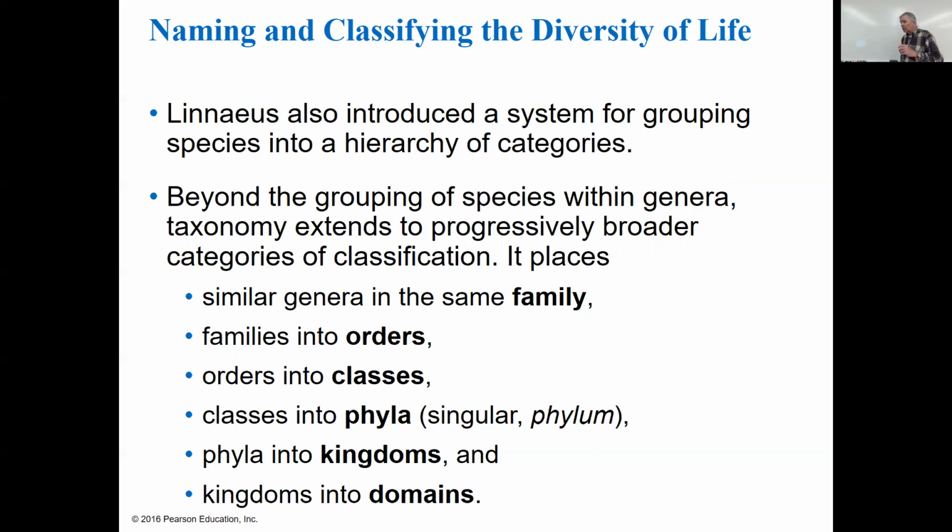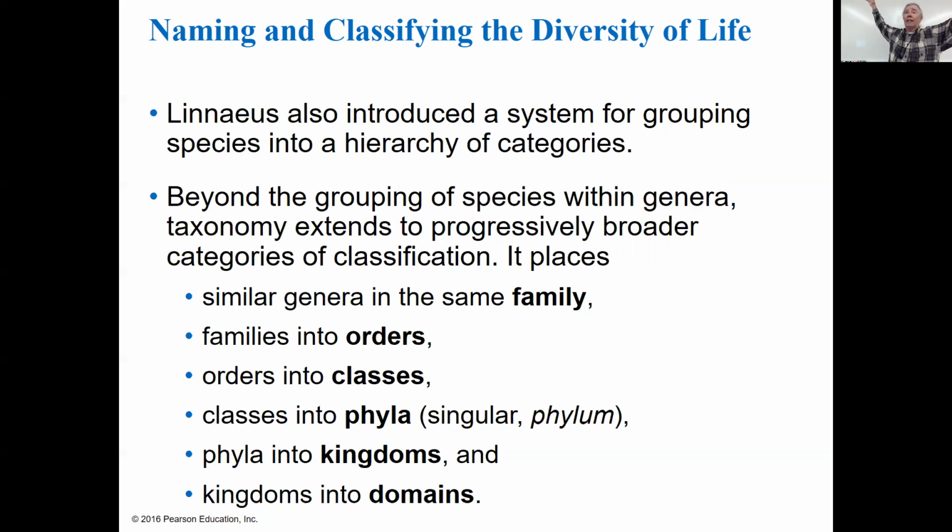All right. So when we go from the bottom of those listings, domains, kingdoms, phyla, classes, orders, families, genera, we go into more and more exclusive taxa. Exclusive means fewer and fewer organisms in each one of those levels.